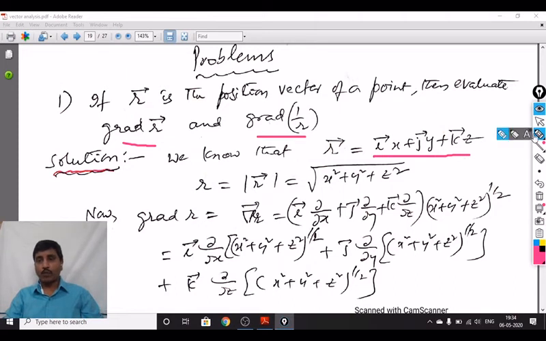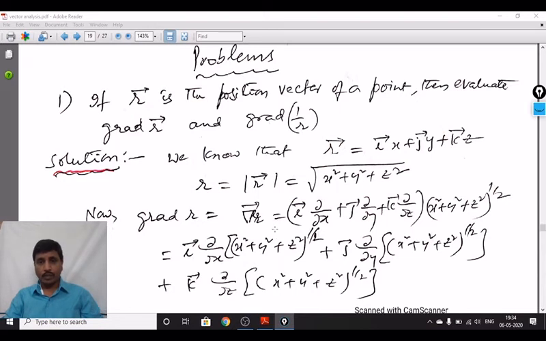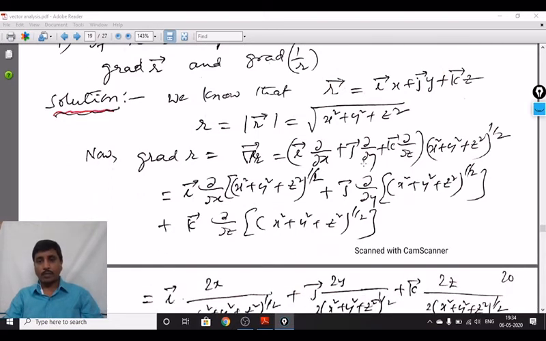Then the magnitude of r bar can be expressed as modulus of r bar. That means r is equal to modulus of r bar, which is equal to square root of x square plus y square plus z square. This is the magnitude of r. Now grad r is equal to del bar r, which is equal to i bar dou by dou x plus j bar dou by dou y plus k bar dou by dou z of (x square plus y square plus z square) whole power half.